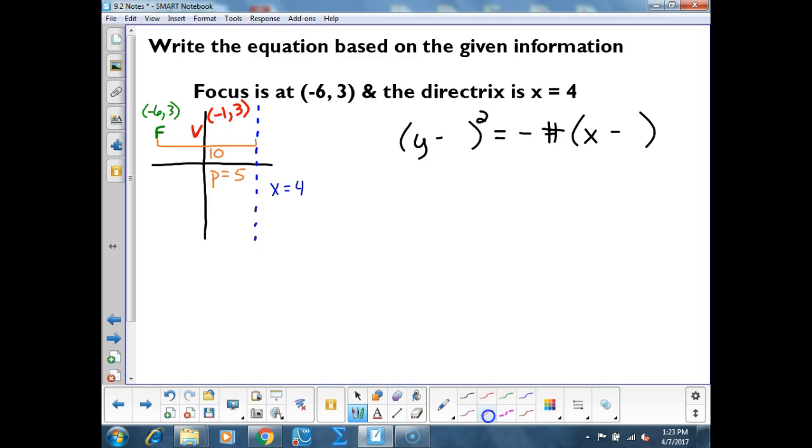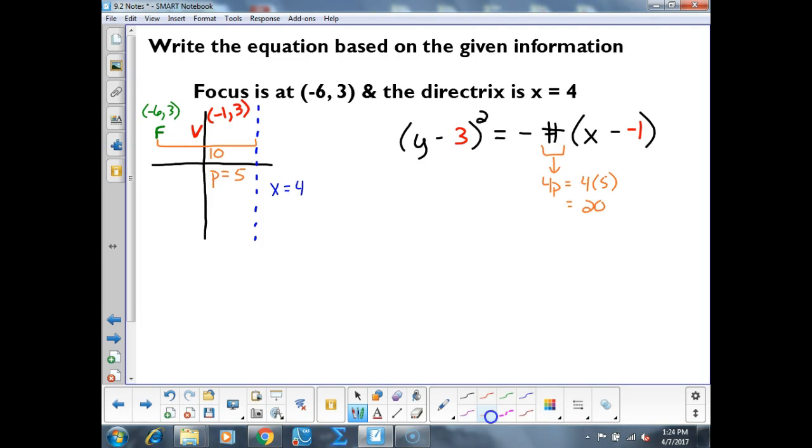So now this can be filled in with 3, and this can be filled in with -1. 4P then would be 4 times 5, which is 20.